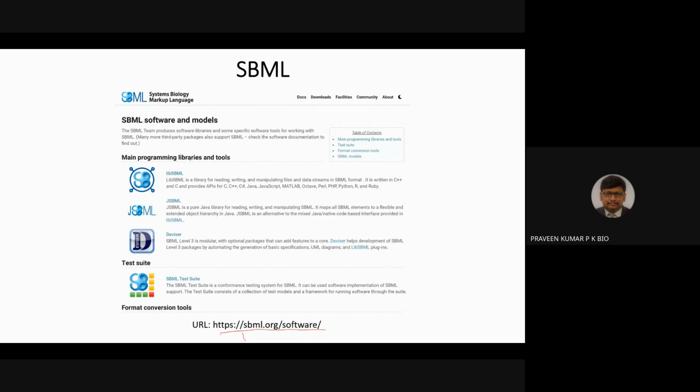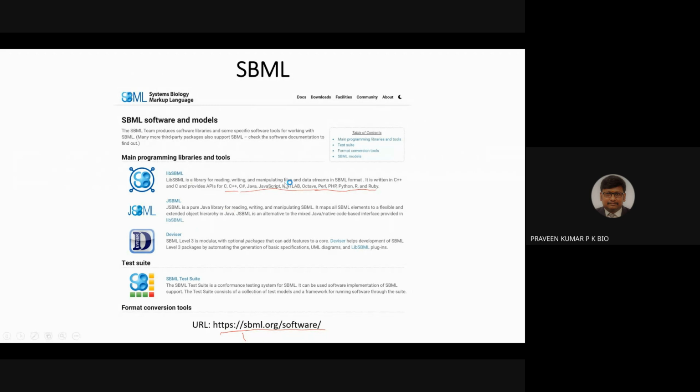You can even develop your own programs if you know C, C++, C#, Java, JavaScript, MATLAB, Octave, Perl, PHP, Python, R, and Ruby, to develop these kinds of formats meant for the Systems Biology Markup Language. So one can effectively use these programming libraries and build your tools.